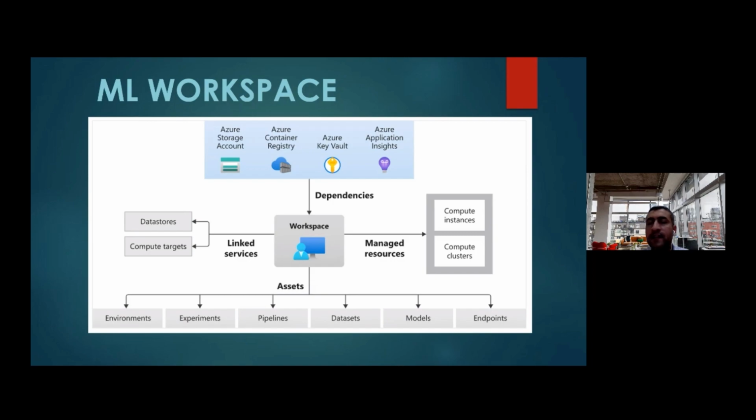And we have endpoints. The endpoint is the deployment or the deployed service that we can consume from the client side to serve a prediction, to produce predictions from our model.